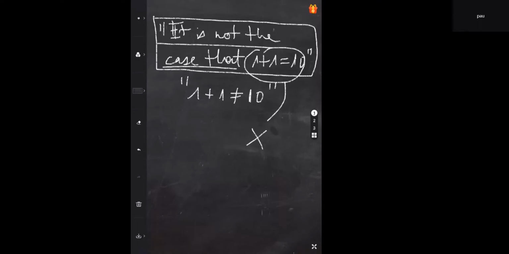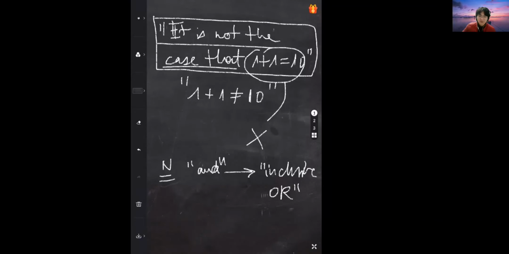So a negation is going to turn and and convert it into an inclusive or. Can you give me an example for that?